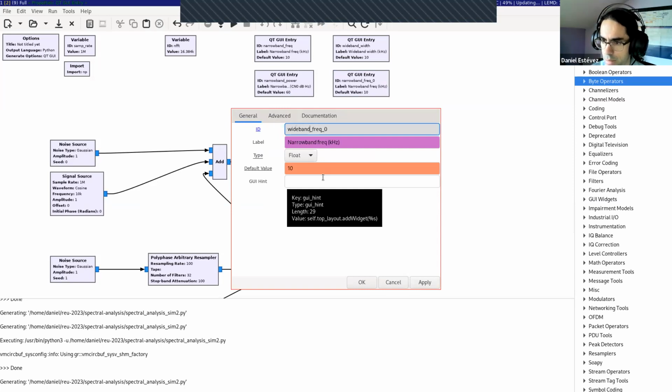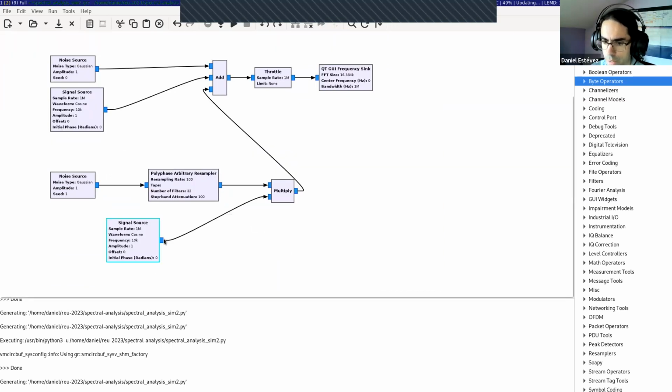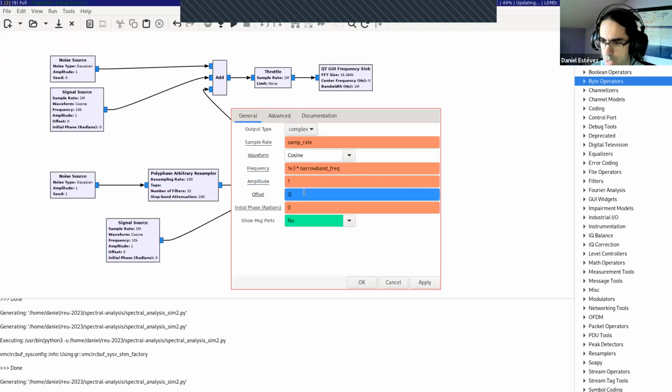wideband freq to set the frequency we want this at. And what we need to set is the amplitude to 1. So the amplitude always needs to be 1 at this point, because we do not want to scale our noise signal. And then wideband freq.